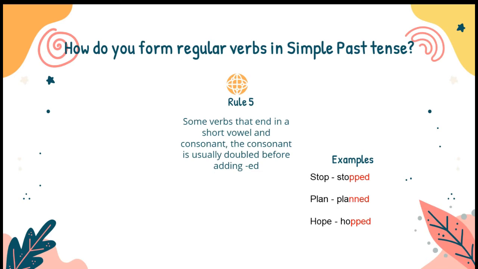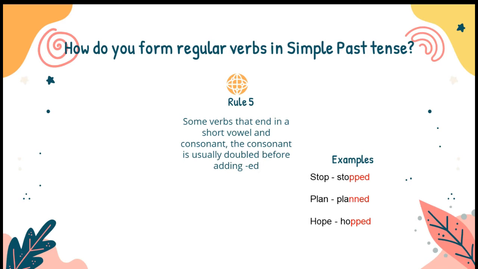Yeah, some words that end in short vowel and consonant, like short vowel like O and P, A and N, O and P, yeah, that's called short vowel and consonant. Now, the consonant is usually doubled before adding ed. So, like what you see, stop, double P, plan, double N, hop, double P.